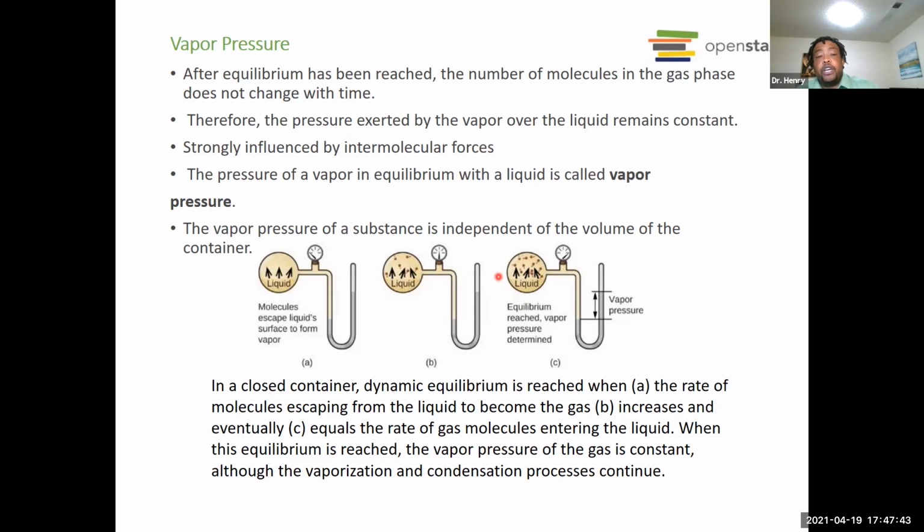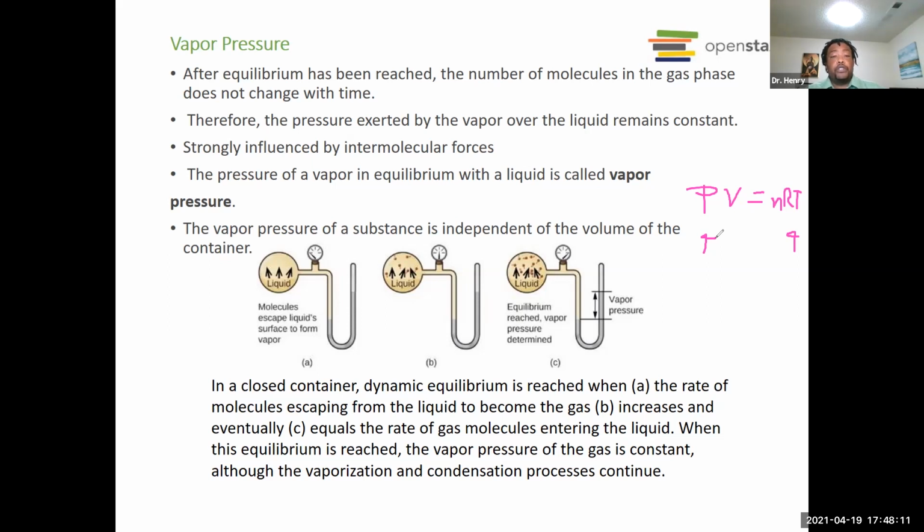Now, this vapor pressure is going to be consistent at certain temperatures. And it's also going to be dependent on temperature because you guys remember PV equals nRT, and vapor is a gas, right? So as temperature goes up, our pressure is going to go up, okay? And also we know that when we heat things up, molecules move faster.